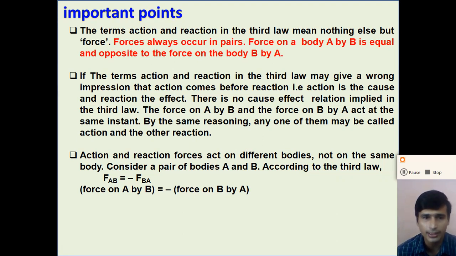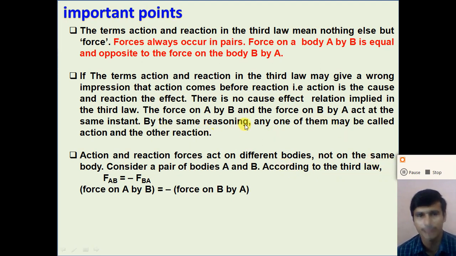The force on A by B and the force on B by A act at the same instant, right? So the meaning is not that the action occurs first and the reaction occurs later as its effect. The action force and the reaction force act at the same instant.